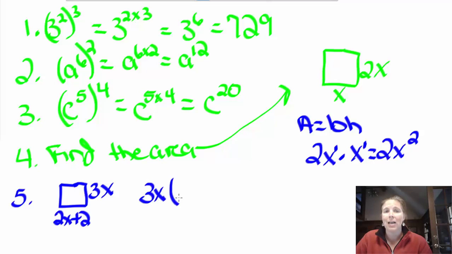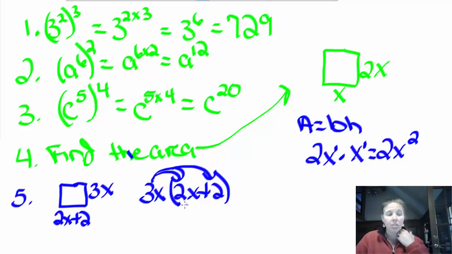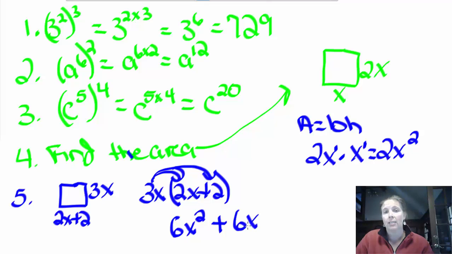It's 3x times 2x plus 2. You have to remember, what am I going to do now? I have to distribute the 3x to both. So 3x times 2x is 6x squared, plus 3x times 2 is just 6x.